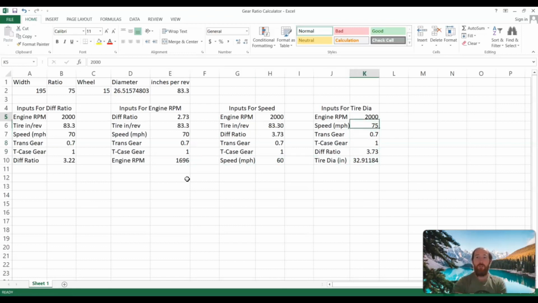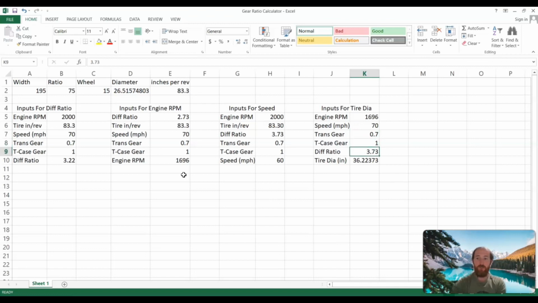So if I just said, hey, I want 1700 RPMs, let's just for fun, let's go with 1696, like we solved for right there. And let's just say our speed was 70, and our trans gear stays the same.